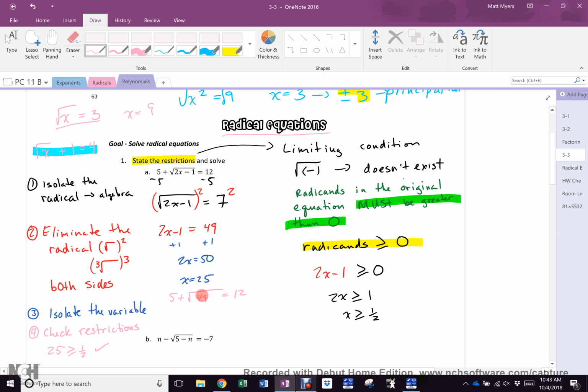What is the square root of 49? Well, it's really positive and negative 7, right? But we're only looking for the positive one, aren't we? Because we only need the principal root. Because if we didn't square this, it would always be 7. Is 5 plus 7 12? Yes, so are we okay? Yes. Is everybody cool? All right.